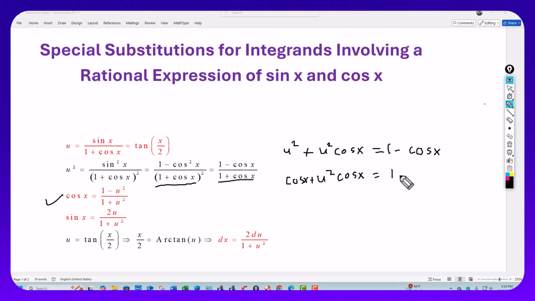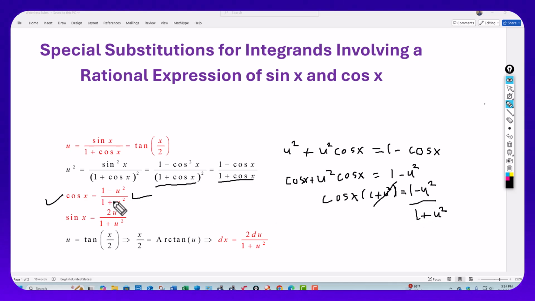The u squared goes over, so this is minus 1 minus u squared. Factor out a cosine here on the left side. We're left with 1 plus u squared. And then we simply divide both sides by 1 plus u squared. So I get cosine of x is equal to 1 minus u squared over 1 plus u squared.